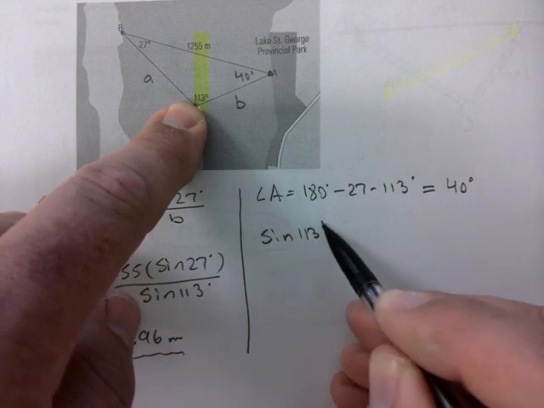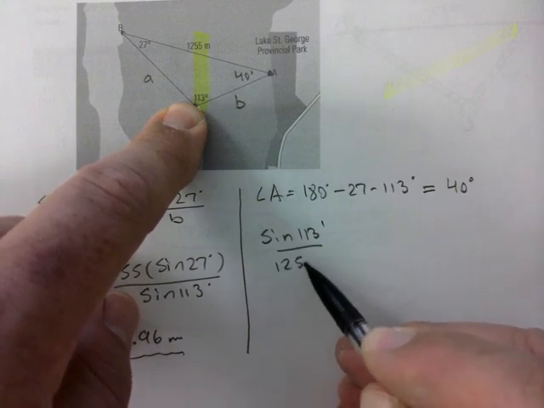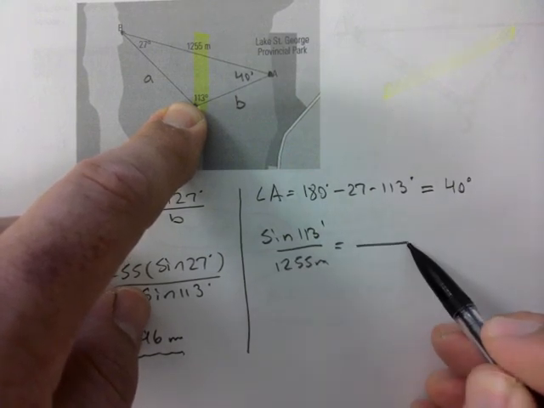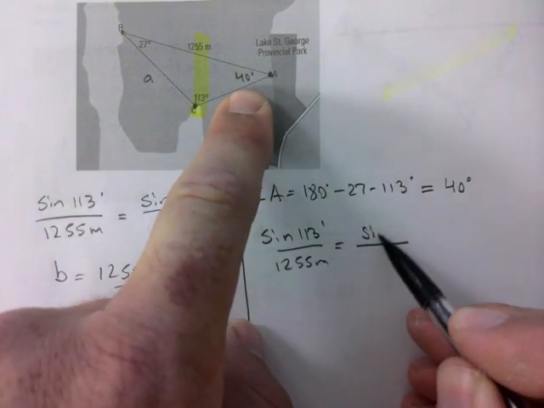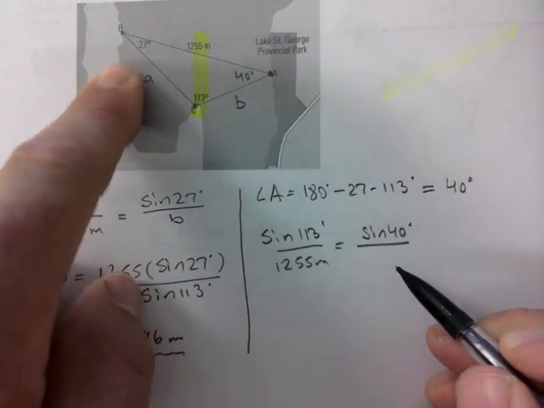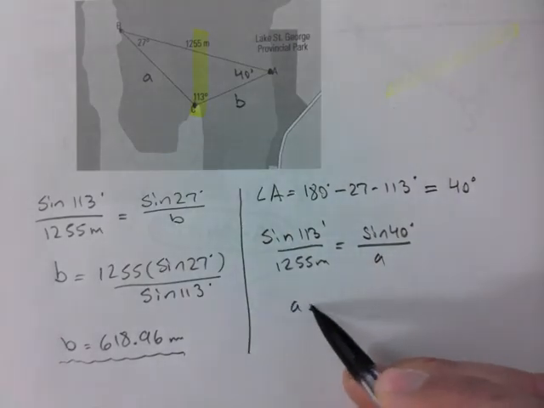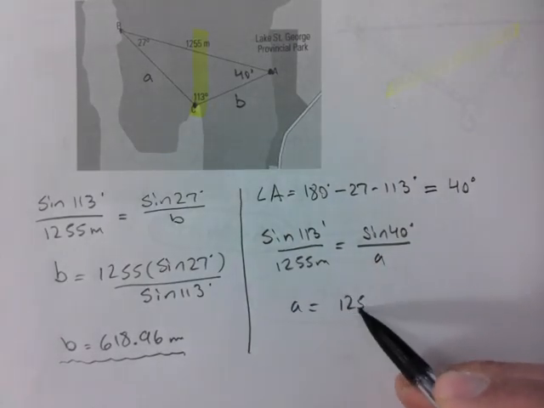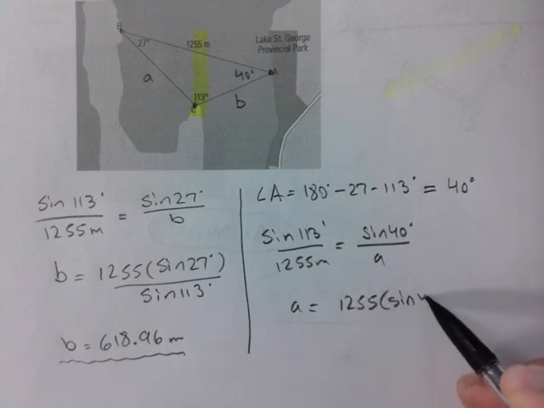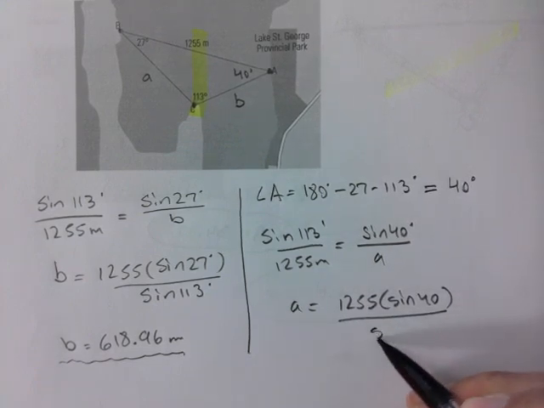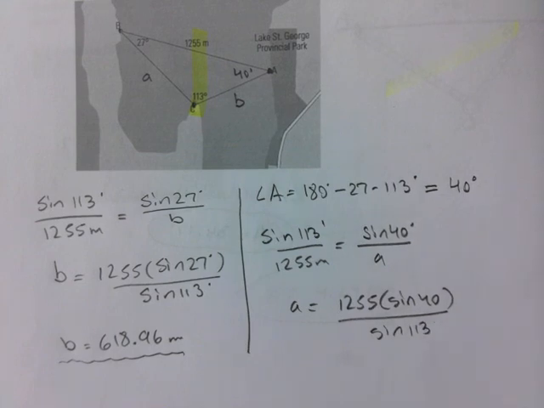I tend to do that. That's my method, right? And now I'm going to use sine of 40 to figure out side across from that, side A. So side A is 1255 times sine of 40 divided by sine of 113.